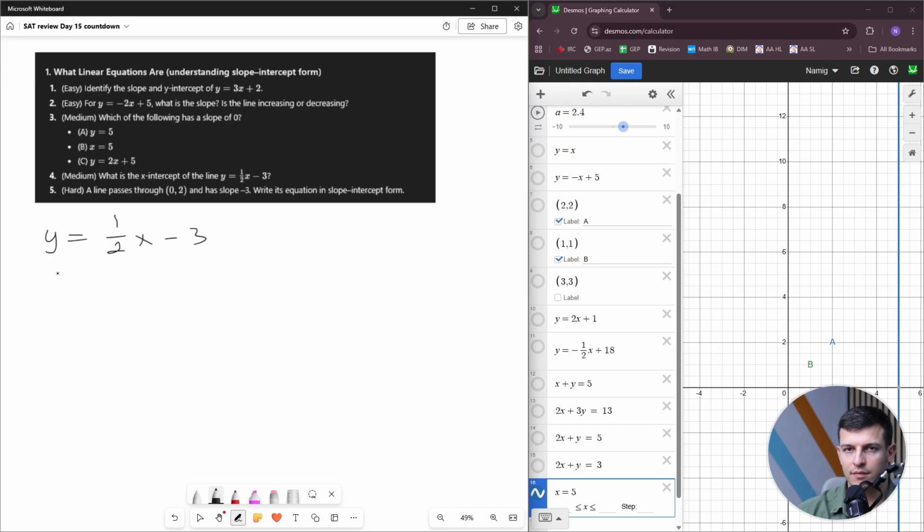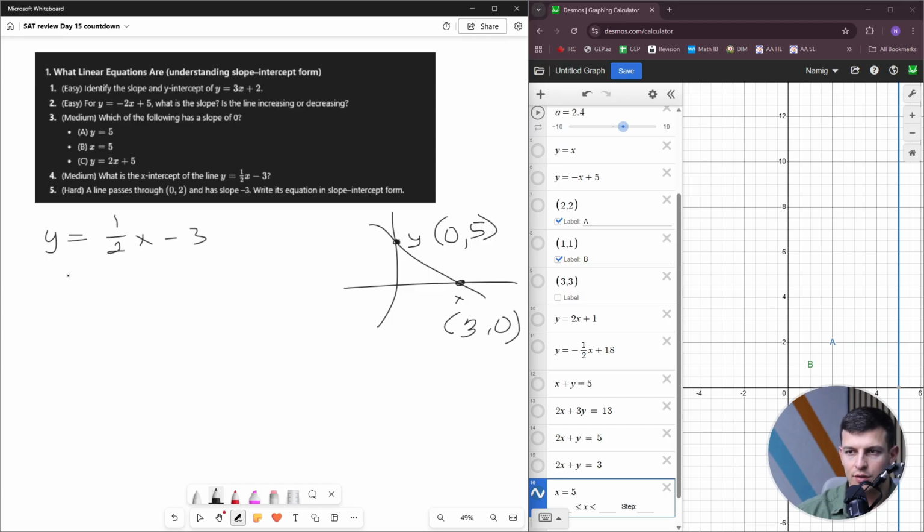Imagine you have a graph like this; this is the y-intercept, this is the x-intercept. At the y-intercept, the value of x is 0, whatever coordinate y has, let's say 5. In the x-intercept, y is 0, x is something.